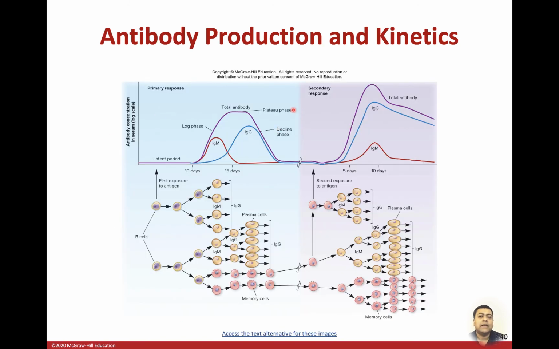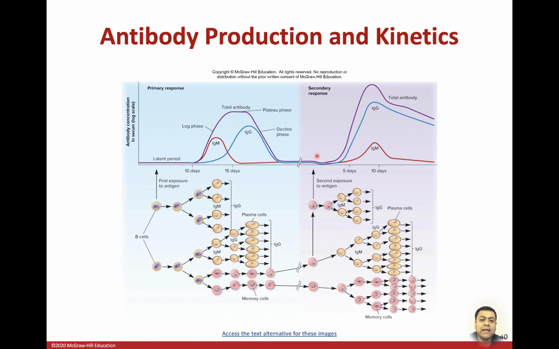Let's take a look at how the antibody is produced and its kinetics. Right here, you have the first exposure to the antigen. This is your total antibody, but see what is being produced first. First, the pentameric IgM antibody is produced, and then IgG is produced next. Then it will decline.